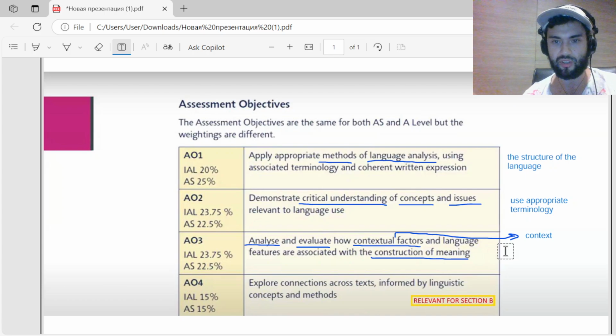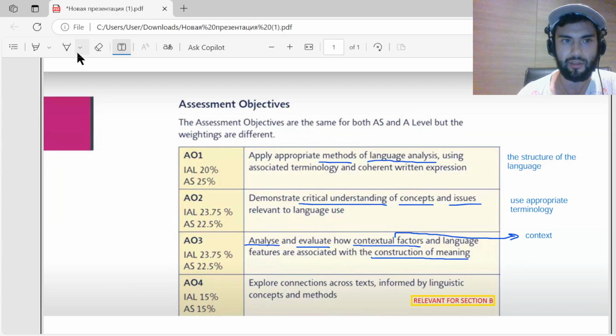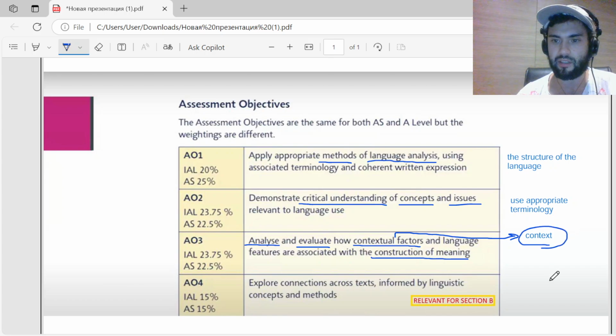Is it a presentation? Is it a letter or something else? And we use the features that we see, whether we take the metaphor or list of three, within these contextual factors. Of course, there is the relation between the two, but primarily this point is about showing that you understand the context of each situation.